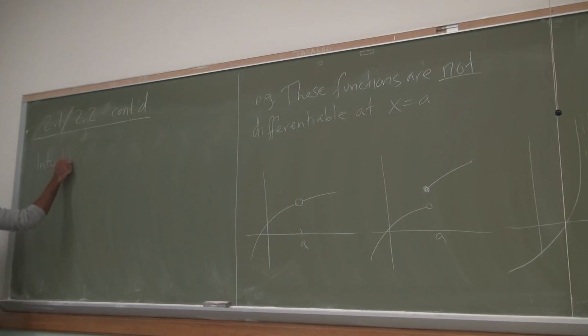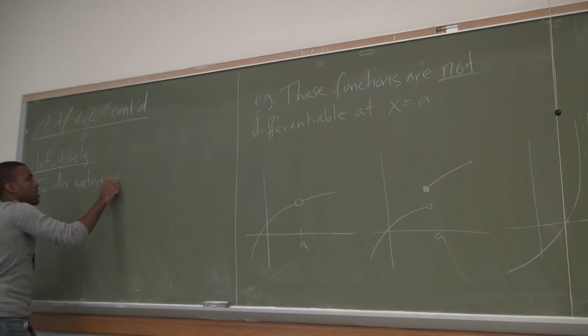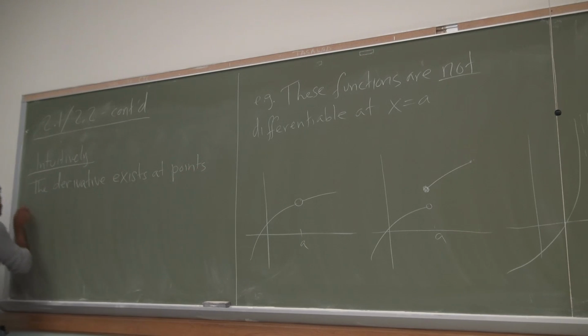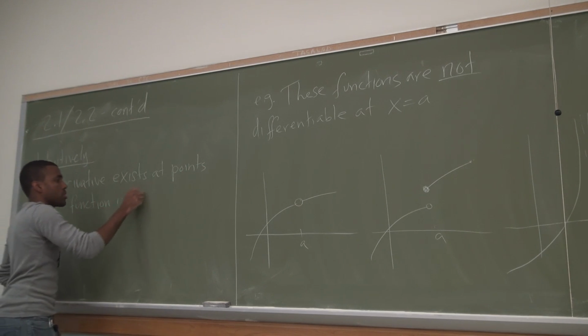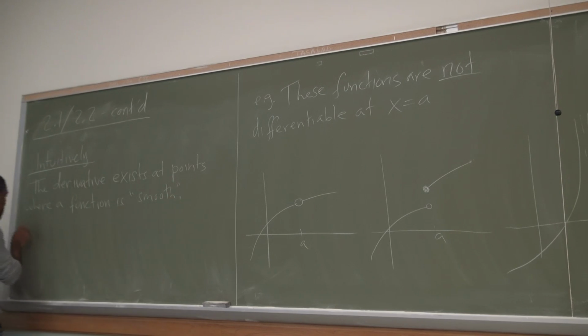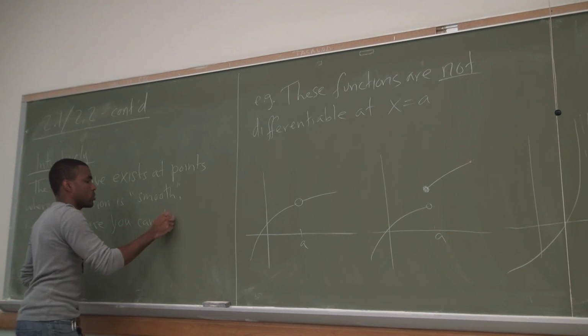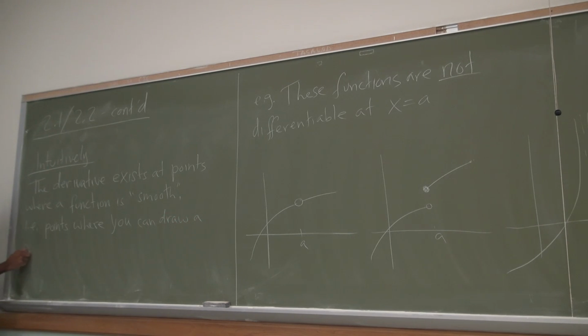Intuitively, why is the function not differentiable where there is a vertical tangent?